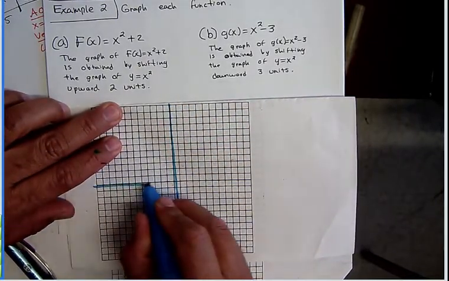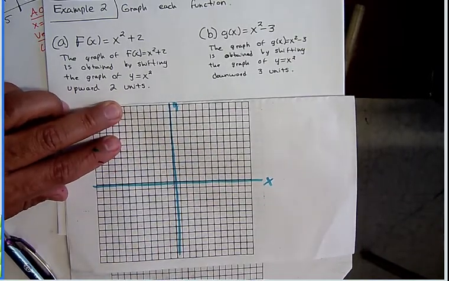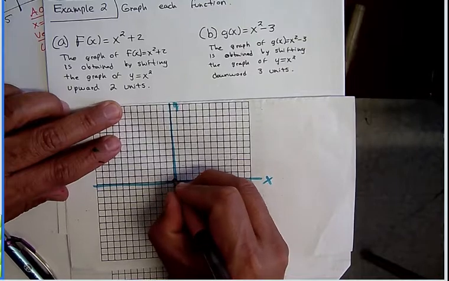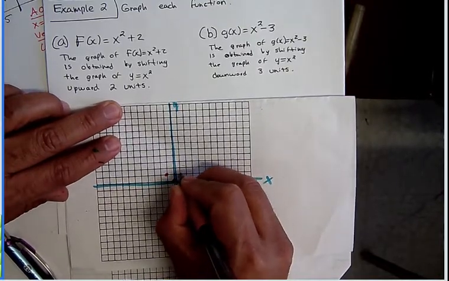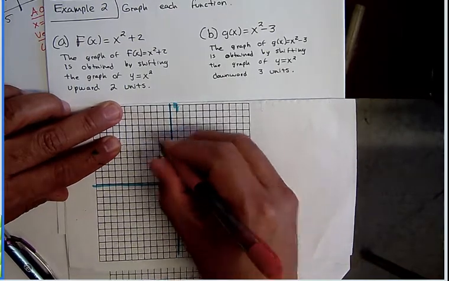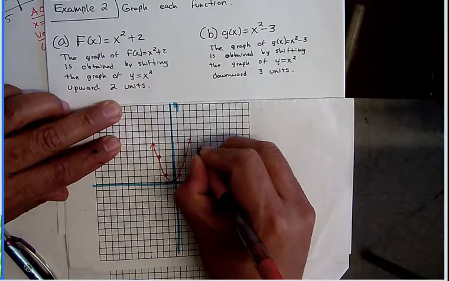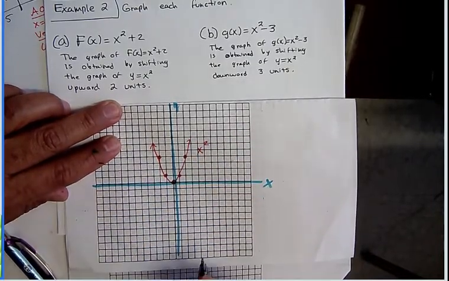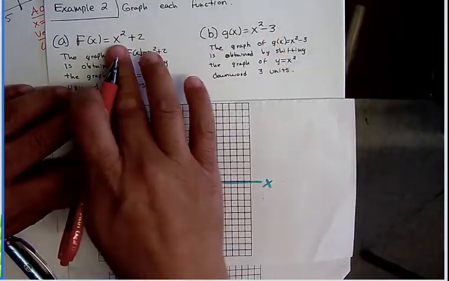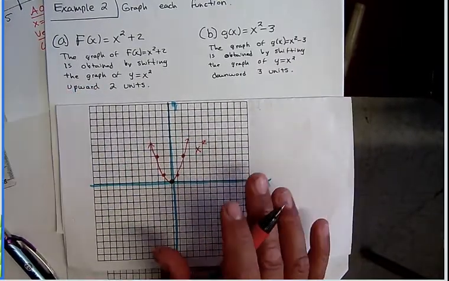It starts at 0, and then 1, 1, and then 2, 4. This is the parent function, the x squared function. Then I'm going to graph these two, and we're going to compare how they look.